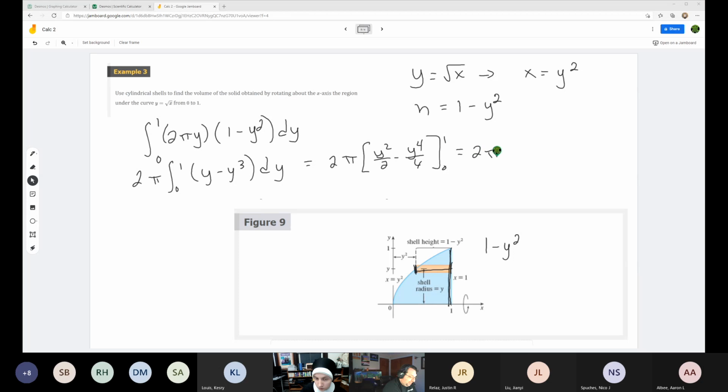So it's 2 pi times 1/2 minus 1/4, which is still pi over 2. So it's just two different methods to find the exact same answer.